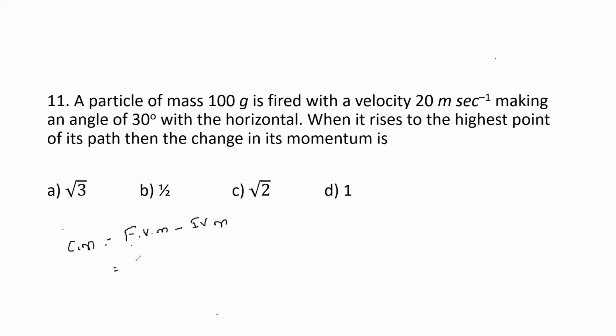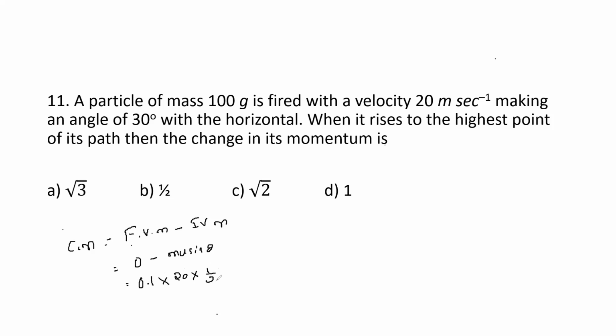So vertical momentum, final momentum is what? It is 0 because it rises to the highest point, means at highest point the vertical velocity will be 0. Therefore, final momentum is 0 minus initial momentum. It becomes m u sine theta. This is equal to, so mass is 100 grams. So 100 gram to kg is 0.1 kg into velocity is 20 into sine 30 degrees.